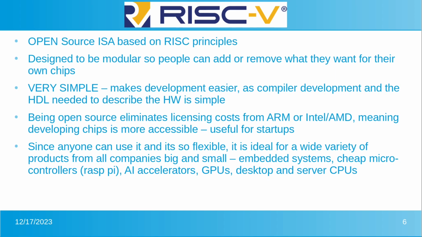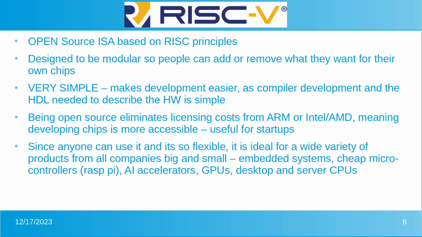So the big thing about RISC-V is that it's open source, based on RISC principles. Now, it's designed to be modular, so basically it's very easy for people to add their own instructions or remove what they want for their own chips. So, for example, let's say you have a chip that wants to perform a very specific purpose, like an accelerator chip or a data compression chip, and you know that it needs to perform a very, very advanced series of instructions.